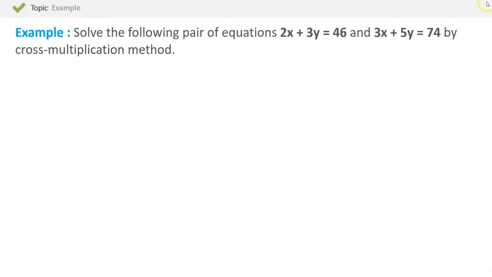So let's try to solve the pair of linear equations 2x plus 3y equal to 46 and 3x plus 5y equal to 74 by the cross multiplication method.